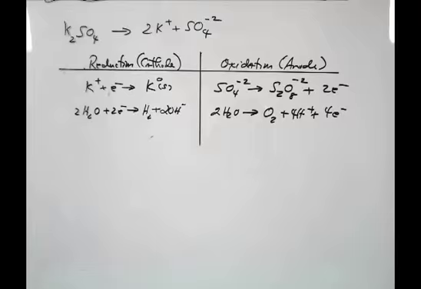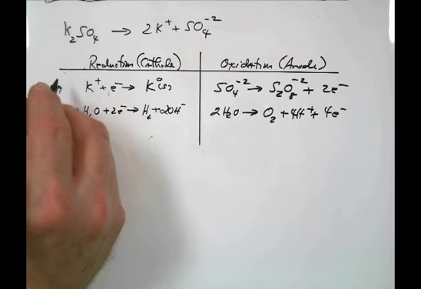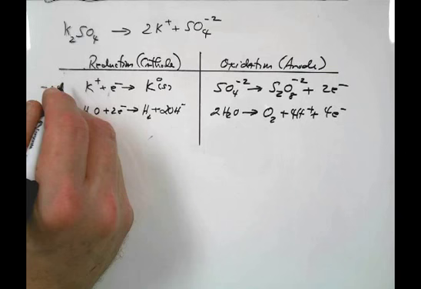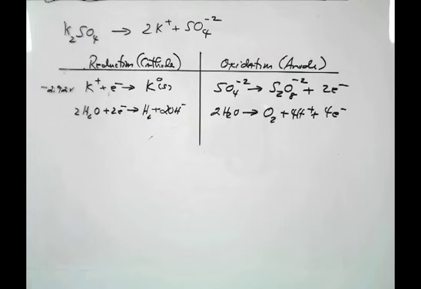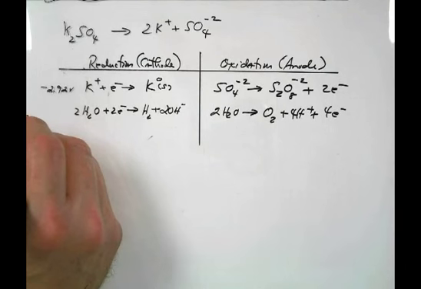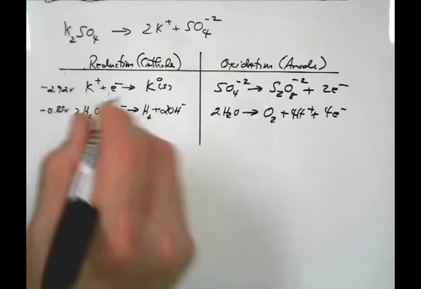Okay, so let's look up the electrode potentials for potassium. And according to my sheet here, I've got a minus 2.92 volts for the potassium, and water is still minus 0.83 volts.